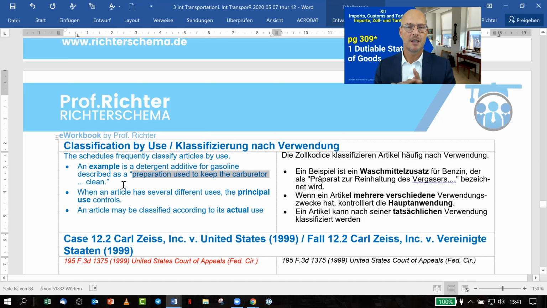So sometimes the classification is looking at what use you can put this good to. And here this article has several different uses. If you have different uses, the principal use is important for the classification, right? But an article can also be classified according to its actual use.